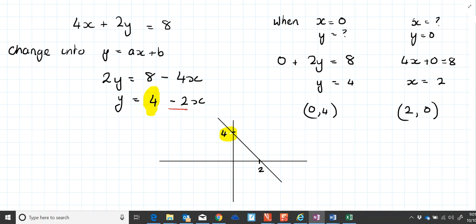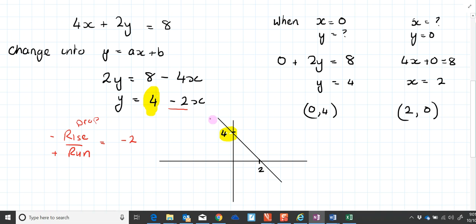Do you know how we do that then? Rise and run, so rise over run. What we are saying is that the rise over the run has to equal negative 2. We always go left to right on the run, so the run has to be positive, which means in this case, because it's negative, the rise is negative, which actually means it's a drop or a fall rather than a rise.